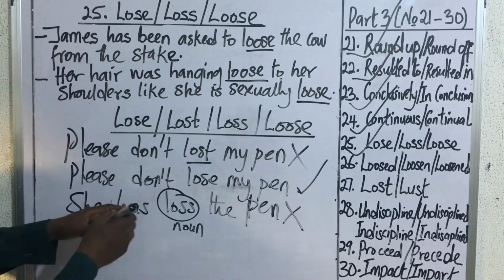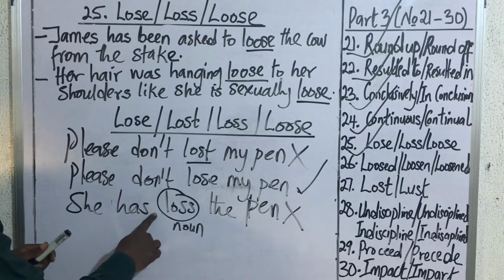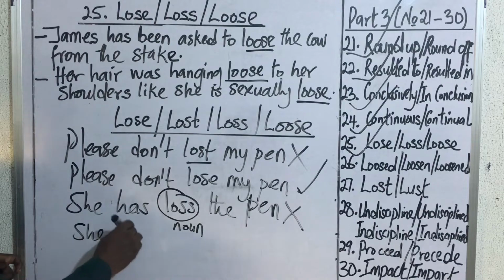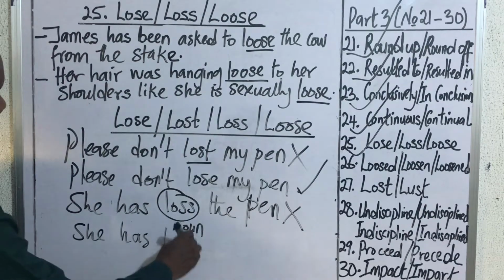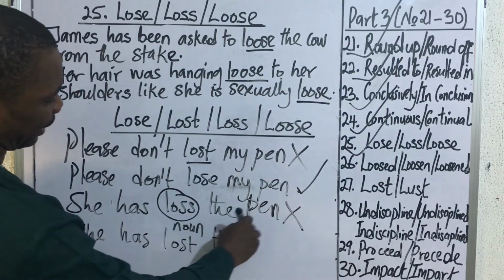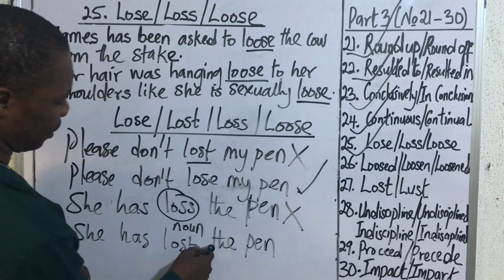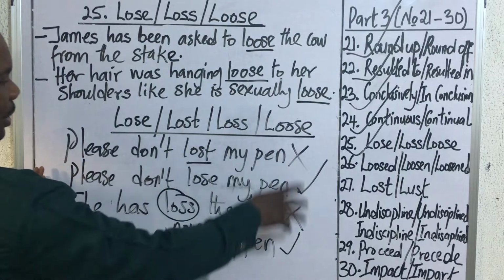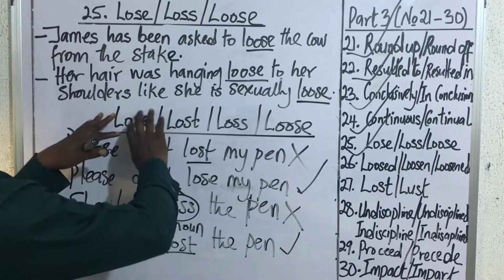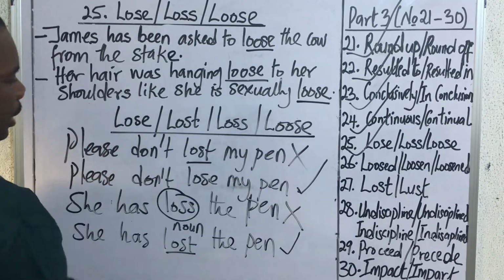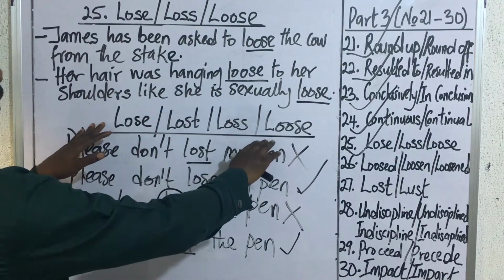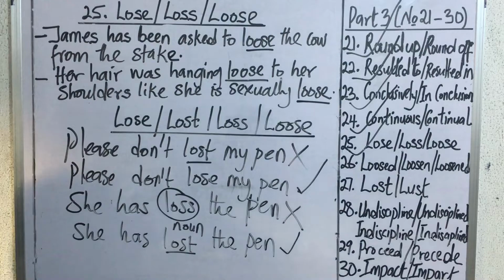And the form of verb that can go with has is the past participle. So the correction is she has lost the pen. Correct. So these are some mistakes that people make around these words. Now let's move forward to the appearance of these words in past questions.